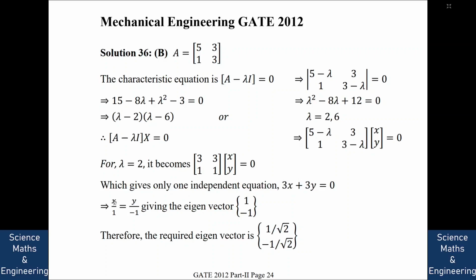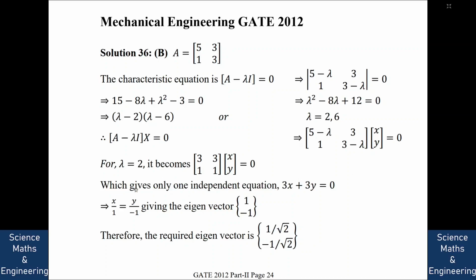That means x by 1 equal to y by minus 1. So our eigenvector is 1 by root 2 and minus 1 by root 2. Now if we multiply any number, that will also be a required eigenvector. So 1 by root 2 and minus 1 by root 2 is one of the eigenvectors.